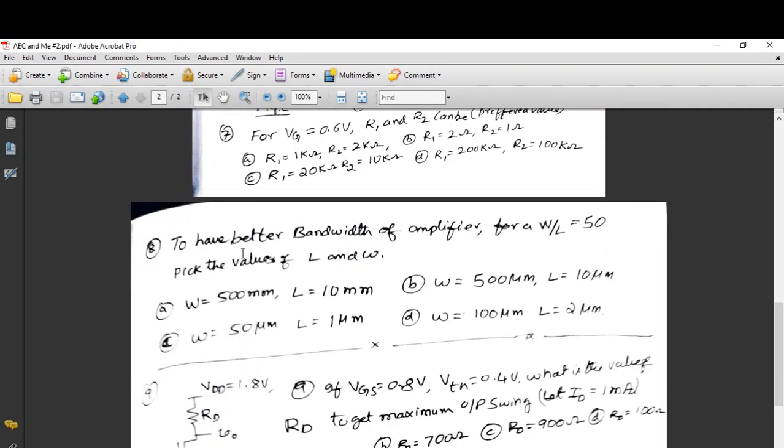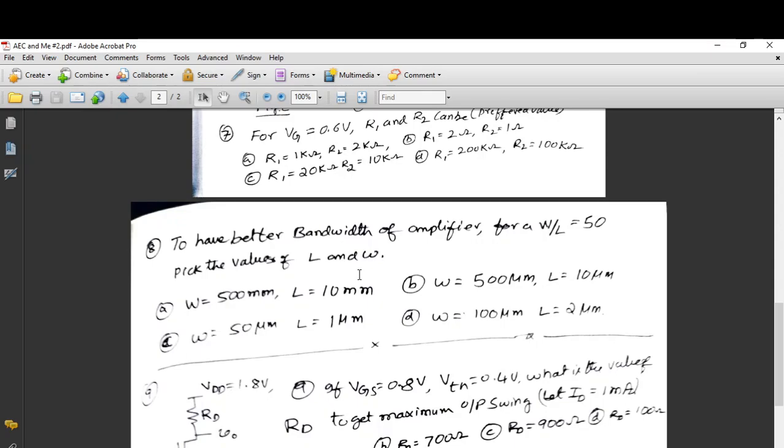Next the question is, to have a better bandwidth of the amplifier with W by L as 50, pick the value of L and W. Again, this is a tricky question. Now the W by L ratio is 50.